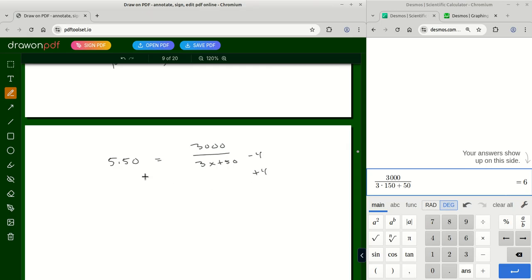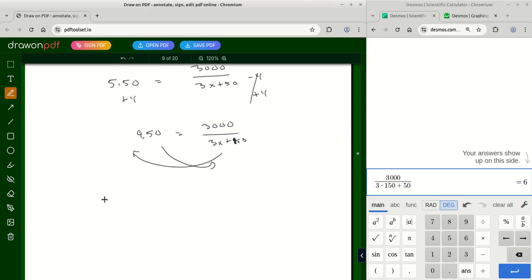Like, add the 4. I was about to minus 4. That would have been bad. Oh, it's not 150. It's just 50. I'm going to multiply here and divide. I mean, all of this, I could probably use Desmos graphing, but we've already gone this far, right? Let's find out what this guy is.